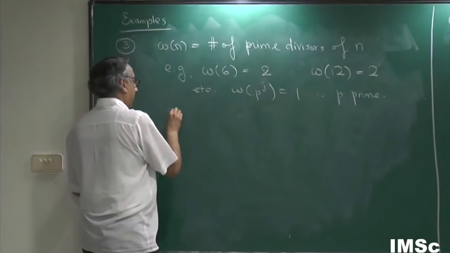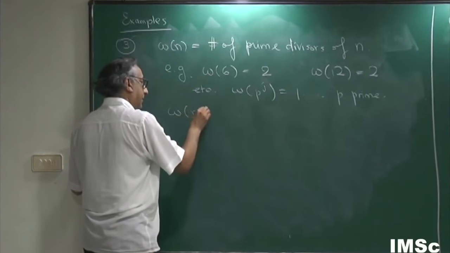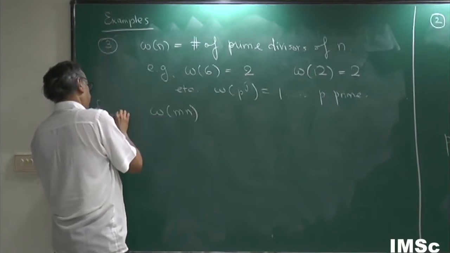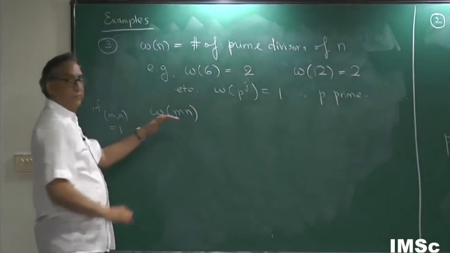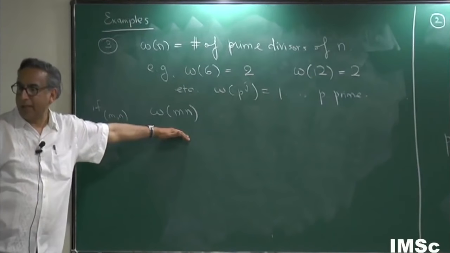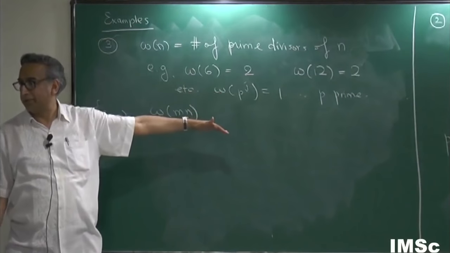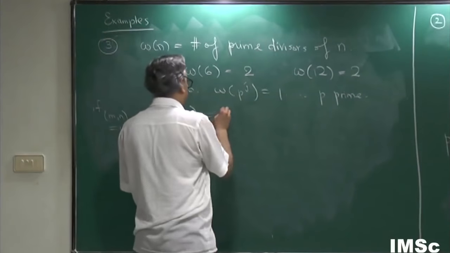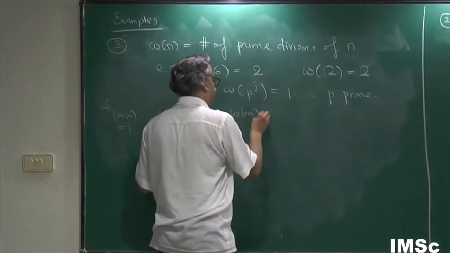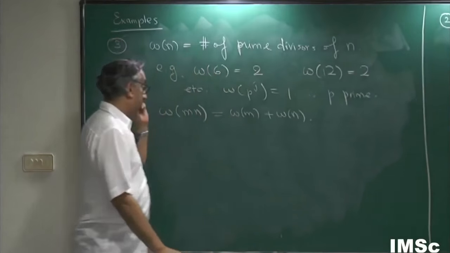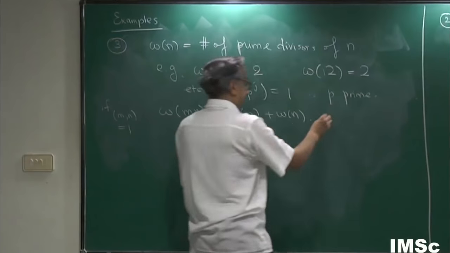So I think it's pretty clear that if m and n are relatively prime, the number of prime factors of mn is equal to the number of prime factors of m plus the number of prime factors of n, right? So this is an additive function.